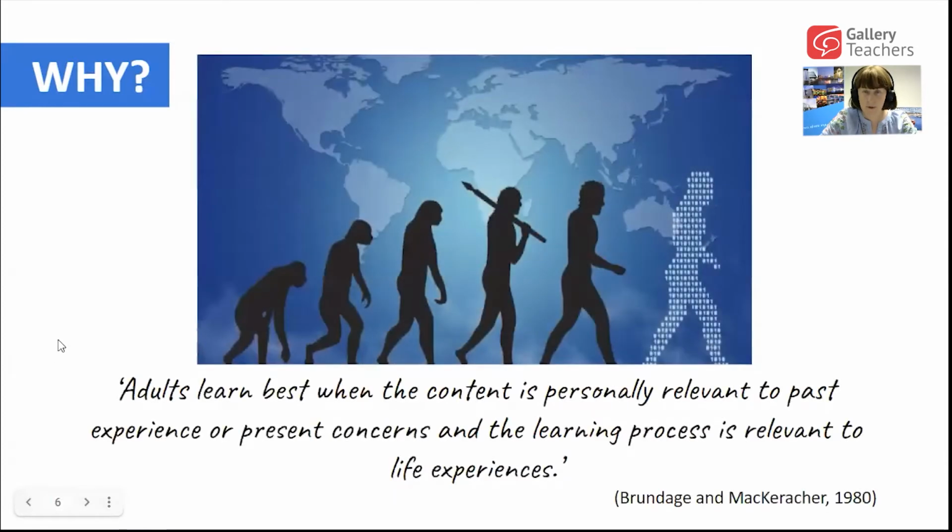So, again, let's look in more detail at why we must adapt. Well, in English language teaching, we've known for some time that one of the best methodologies is communicative language learning.